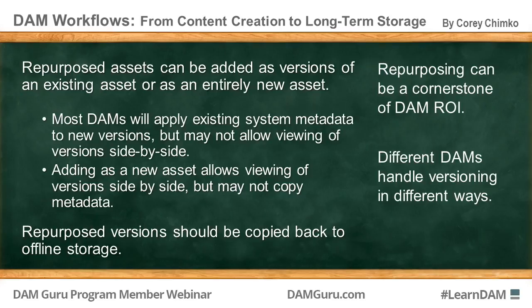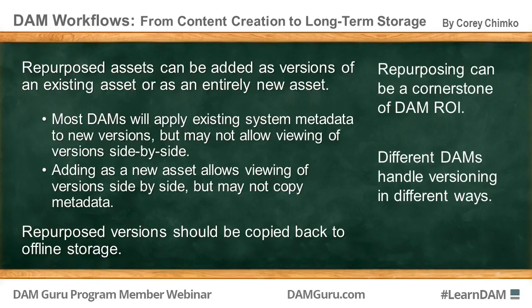And another very important thing, repurposed versions should be copied back to your offline storage. This is something that I almost never see anyone do and is very important for saving your time. As I talked about earlier, our Photoshop guy will often just go straight to our storage to pull a file for repurposing. He may not know that that same file has already been repurposed and is in the DAM.